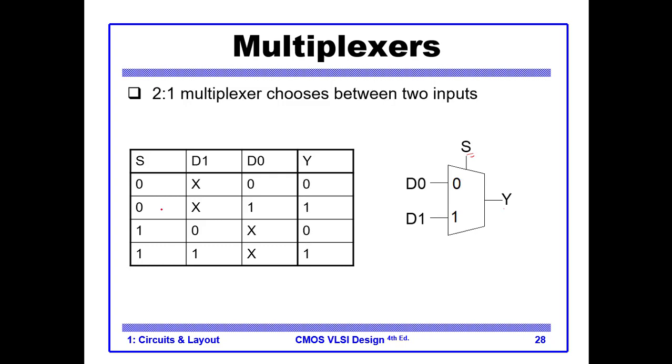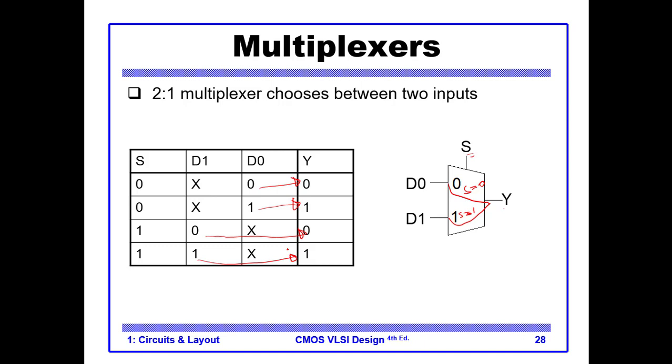When the select line is 0, D0 is connected to Y, so whatever is on D0 appears on Y, and the other one does not matter, it is X. When S is 1, D1 is connected to Y, and D0 does not matter.